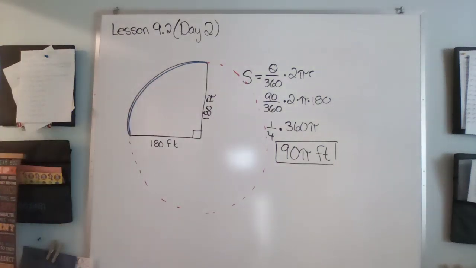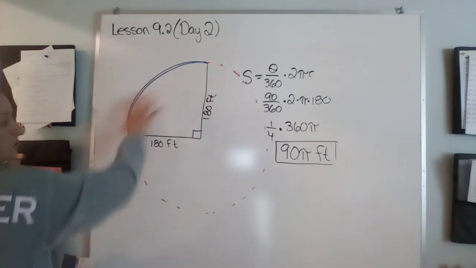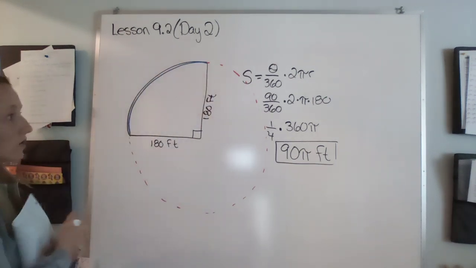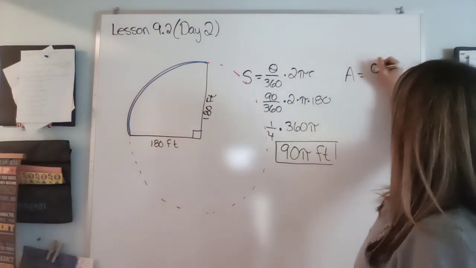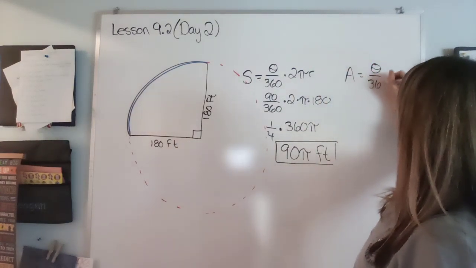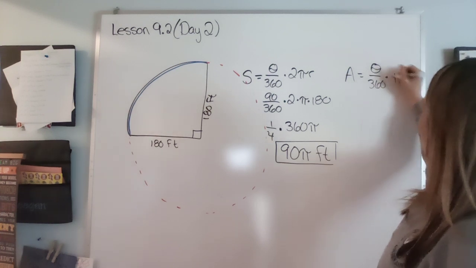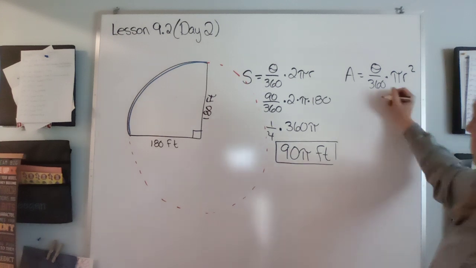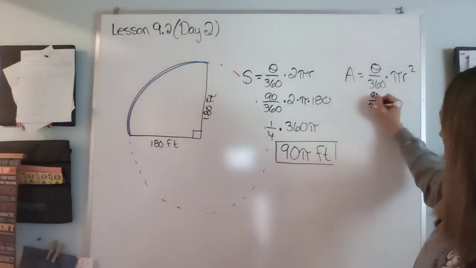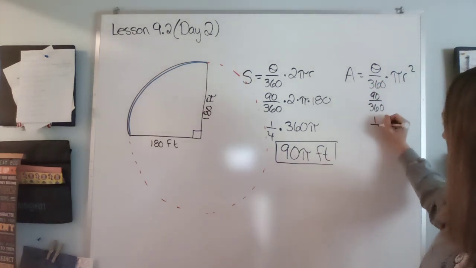Okay. Now we're going to find the sector area, the area of this sector in relation to the full circle. So that formula, area is equal to theta over 360 times pi r squared. Again, it's going to be 90 over 360, we're looking at 1/4 of the full circle.